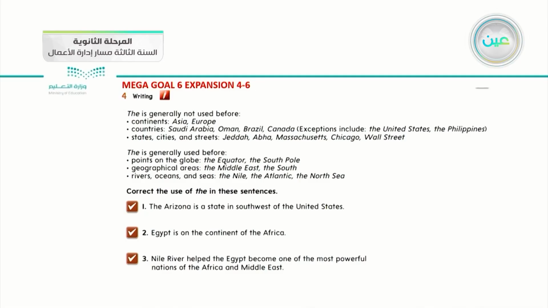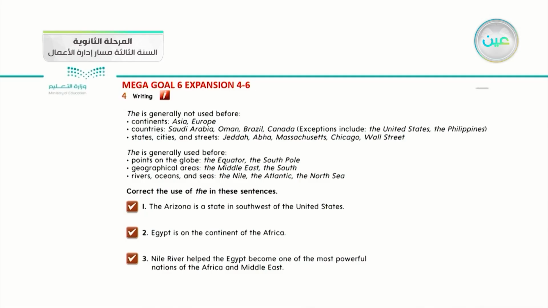That is generally not used before. Now we have finished that one, how we omit "the" in our essay writing. Let's go to the second point: in which cases can I use the article "the"? There are points on the globe, for example, when we talk about the equator, the South Pole, and directions, we can use the article "the" with them.